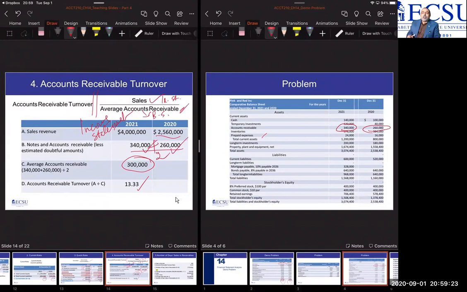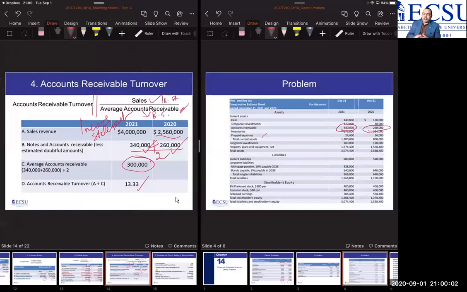Now, while discussing the concept, I told you if you're able to roll your accounts receivable a number of times, it is better. So, of course, you're rolling it 13.33 times in a year. That would mean that you're selling goods on credit and collecting that money, so you're rolling your accounts receivable fairly well. As I had said to you, it depends upon the type of business. If you're building a big airplane and selling it, your turnover ratio is probably not going to be this high.